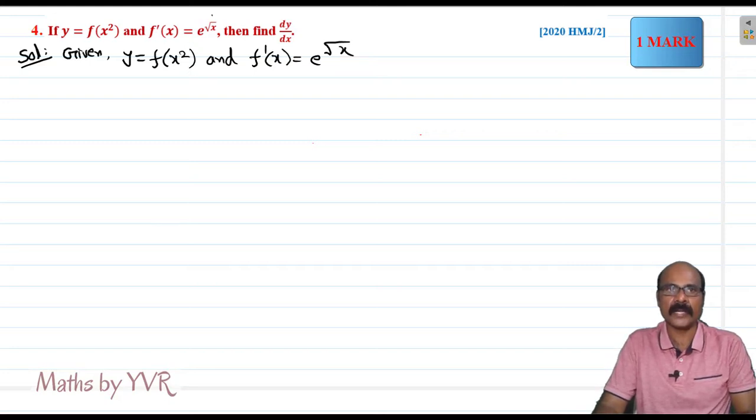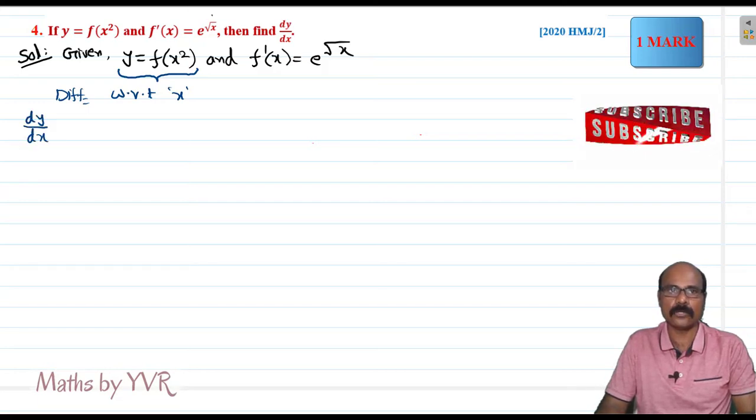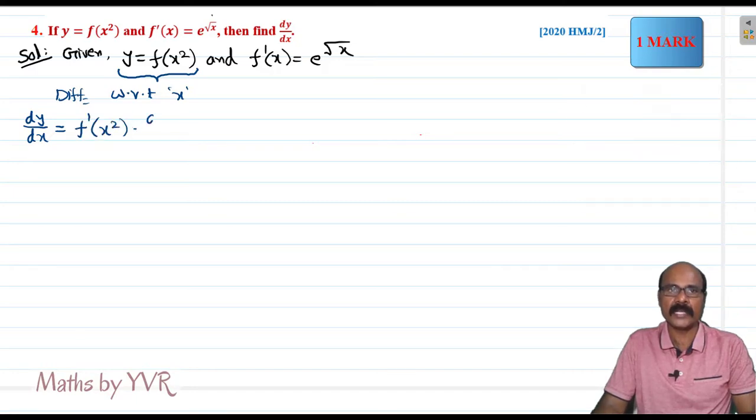So first of all, we can differentiate the function y is equal to f of x square with respect to x. So differentiate this one with respect to x. Then what we will get? Y derivative is dy by dx. So dy by dx is equal to f of x derivative is f dash x into derivative of x square is d by dx of x square.